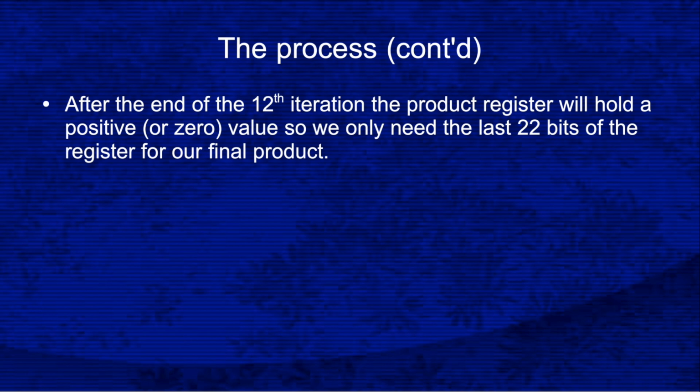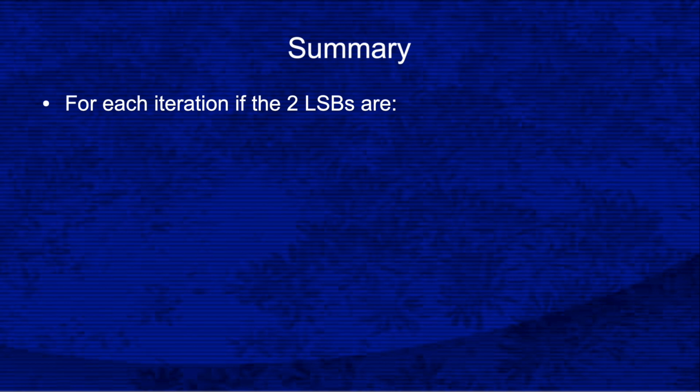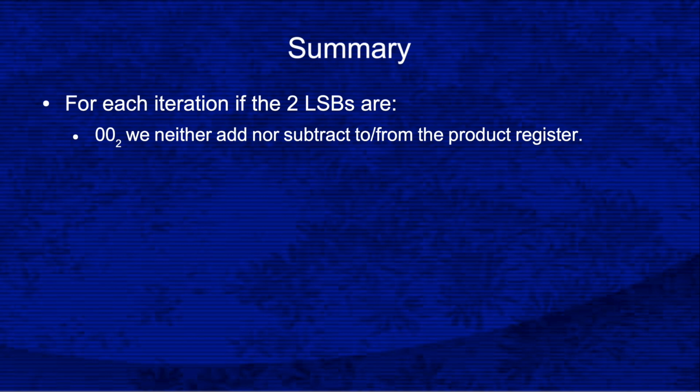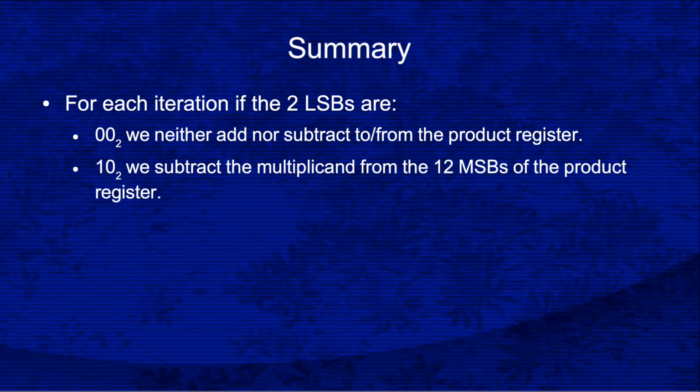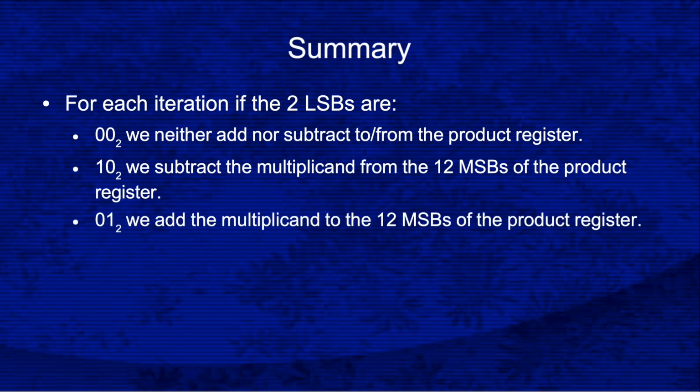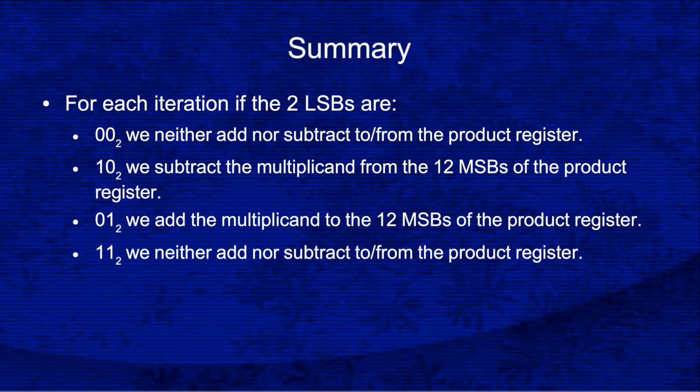result. Let's summarize. During each iteration, if the last 2 bits of the multiplier are 00, we neither add nor subtract to or from the product register. 10, we subtract the multiplicand from the 12 most significant bits of the product register. 01, we add the multiplicand to the 12 most significant bits of the product register. 11, we neither add nor subtract to or from the product register.